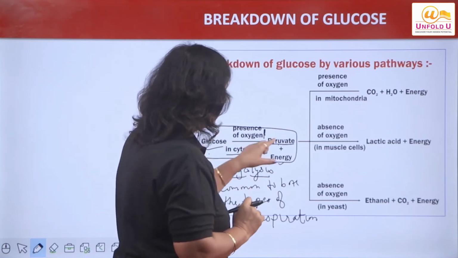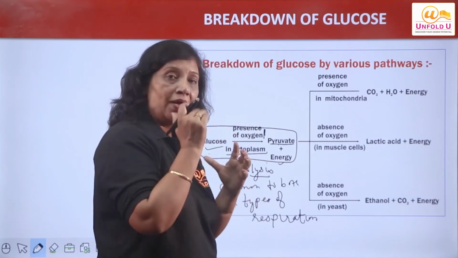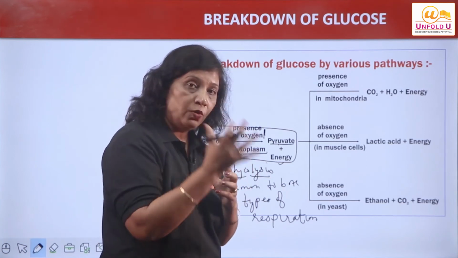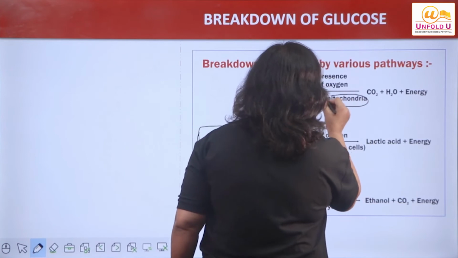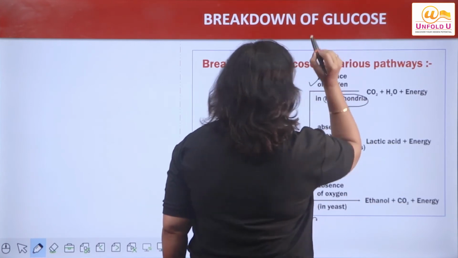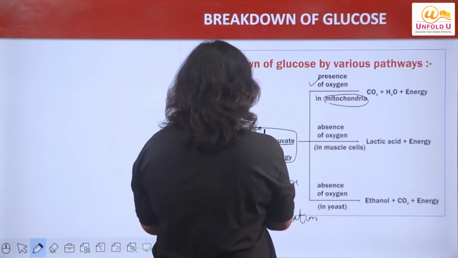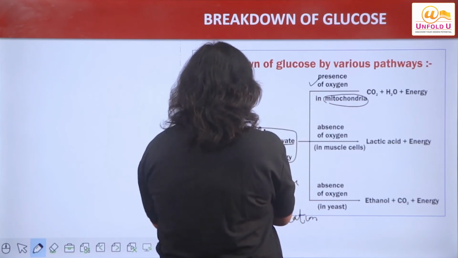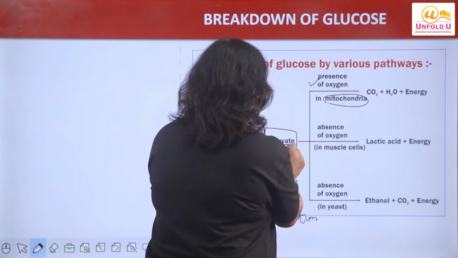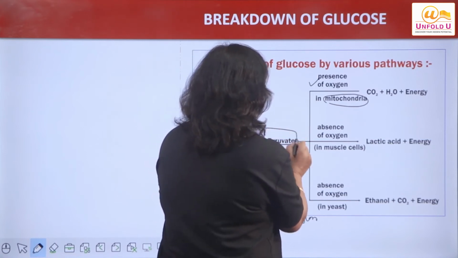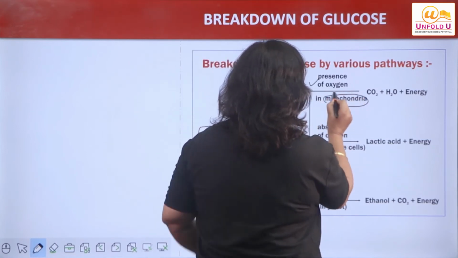So if this pyruvate enters into mitochondria, if this pyruvate enters into aerobic respiration, which is happening in mitochondria, which is in the presence of oxygen. So I'll complete this step here. Glucose in the presence of oxygen in cytoplasm forms pyruvate and enters into mitochondria.